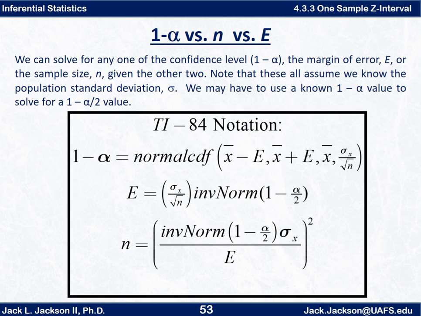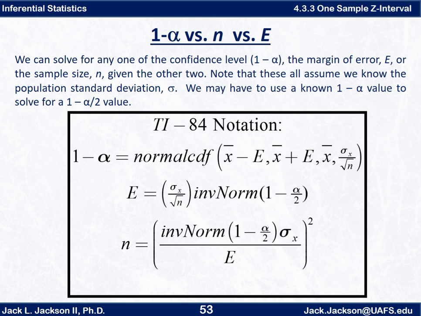In the TI-84 notation, here are the formulas solved for each of the variables. The one in the middle is the one we started with. E is sigma of x's divided by square root of n times inverse norm of 1 minus alpha over 2. The one that we just solved was for n, which is inverse norm of 1 minus alpha over 2 times sigma of x's divided by E, and then square the whole thing. We can also take the middle version and solve for 1 minus alpha.